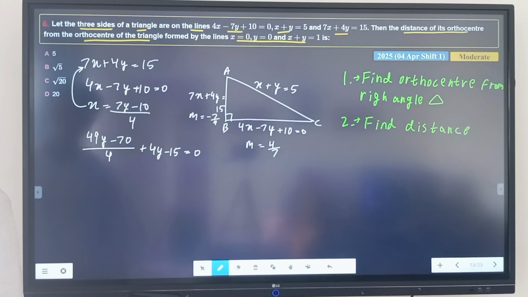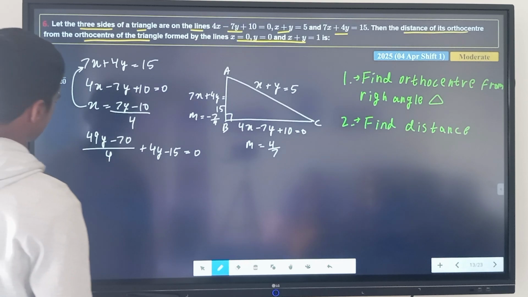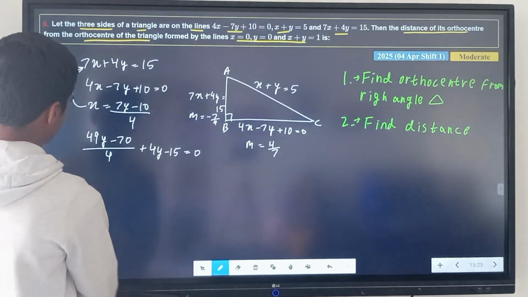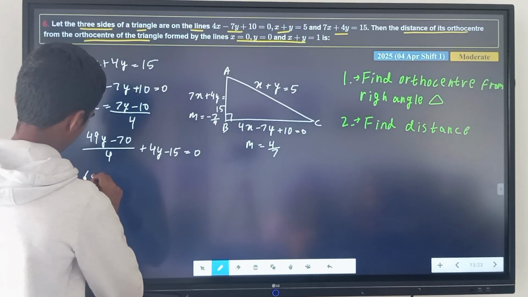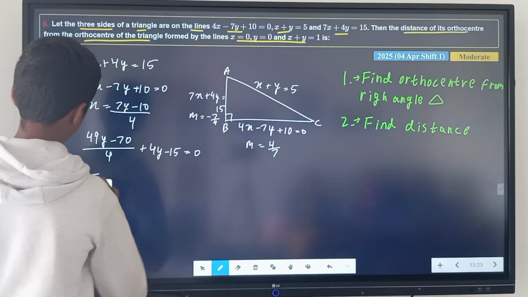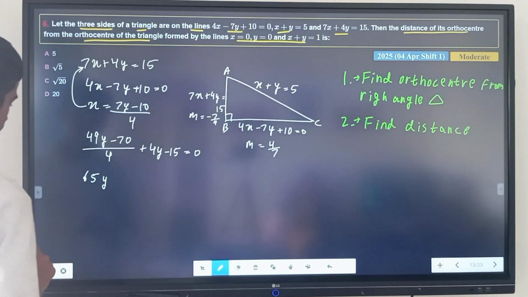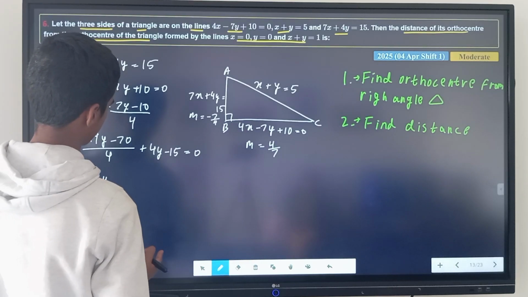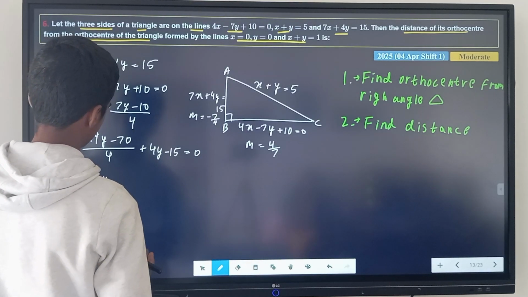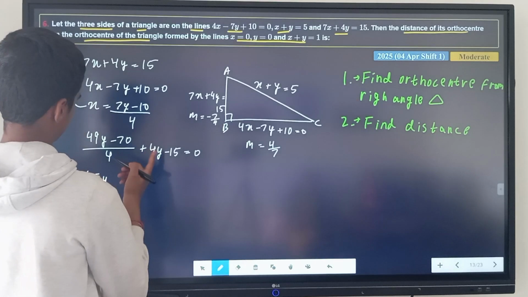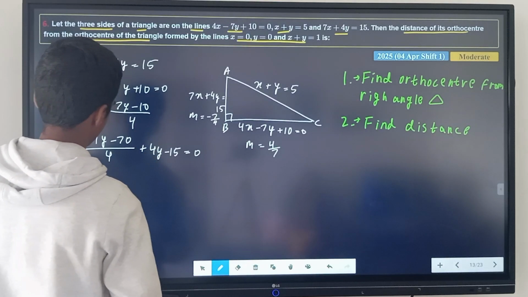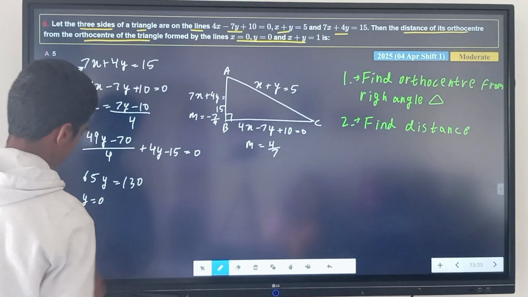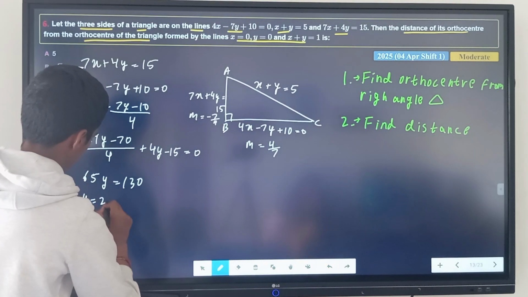From here we will get 49 plus 16, 65y, and 4 times 15 will be 60, minus 60 minus 70 will be minus 130, so 65y is equal to 130. Our y is equal to 2.